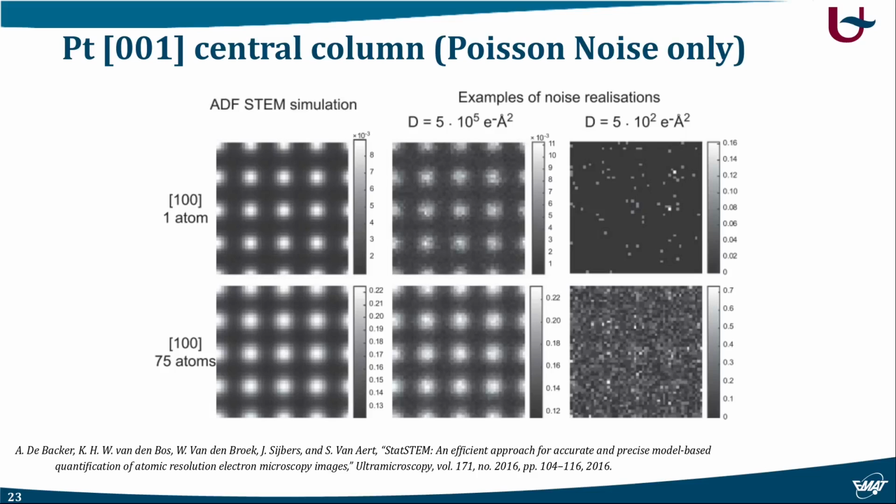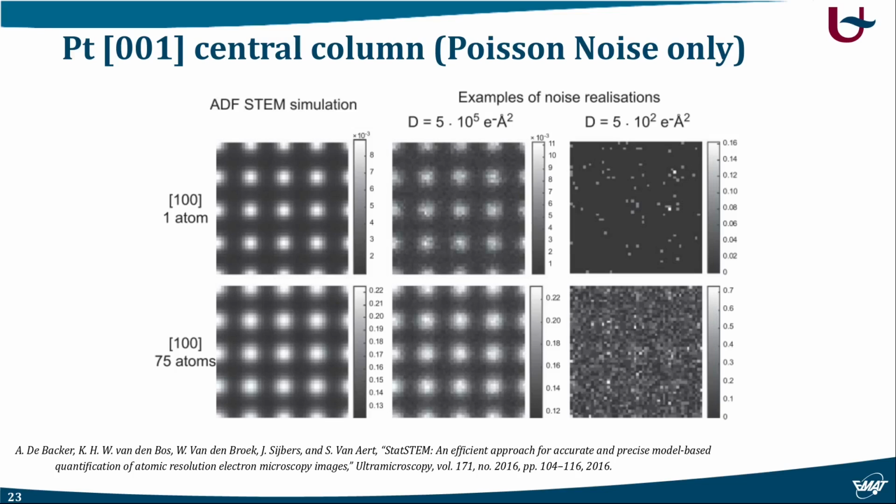First off, we wanted to see how much we could actually gain by just denoising the images. For that purpose, we reproduced a study our colleagues had done some years ago in the original paper on the StatSTEM toolbox. There, they simulated a platinum crystal through thickness, and in that way generated a series of signal-to-noise realizations.